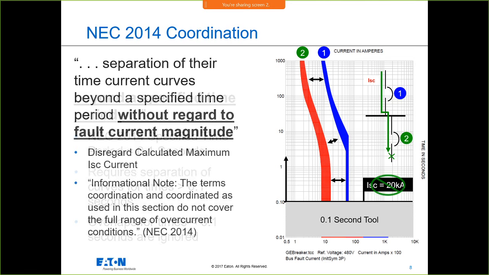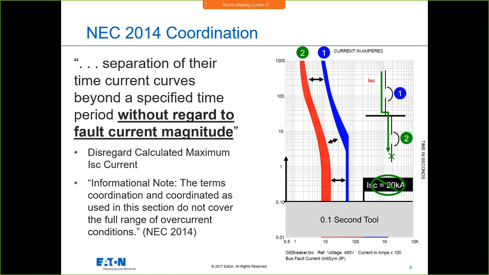So we have to, without regard to fault current magnitude. The way the code language reads is, you hide the overlap of the trip curves below 0.1 seconds, and you disregard the fault current, and you're looking for separation of curves above 0.1 seconds. Basically, I don't want to say they're only coordinating for the overloads.